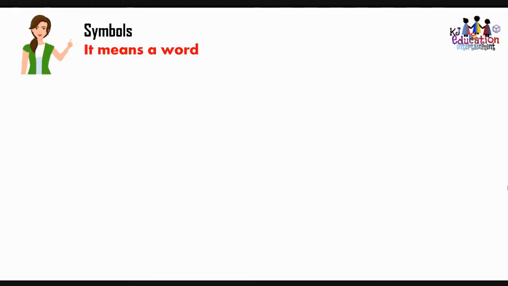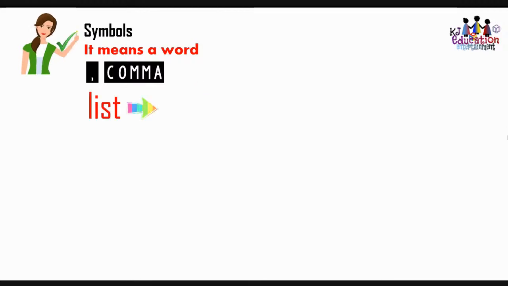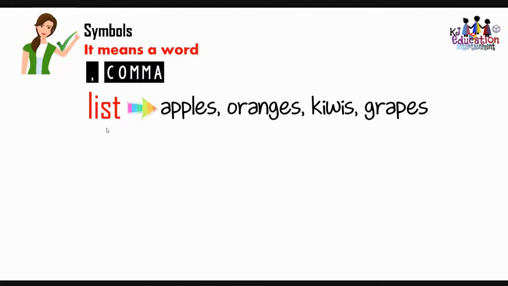Under symbols as well, comma. Now this is a very interesting one as well. We use this when it comes to a list. For example, apples, comma, oranges, comma, kiwis, comma, grapes. So when you're actually transferring your information into a sentence, you have to actually use this comma. And what is that going to mean in a sentence?